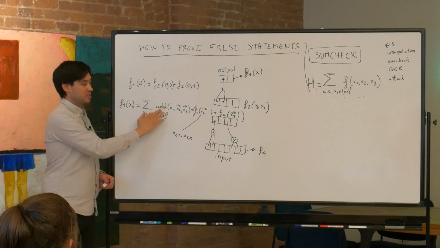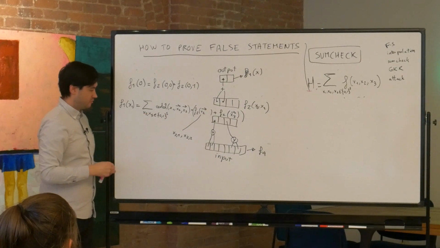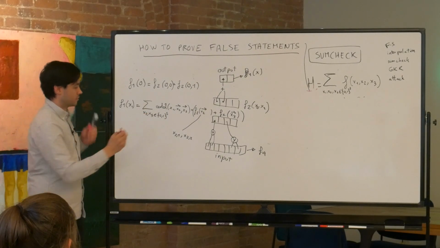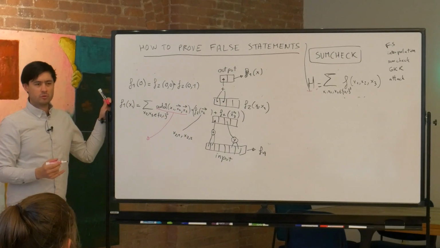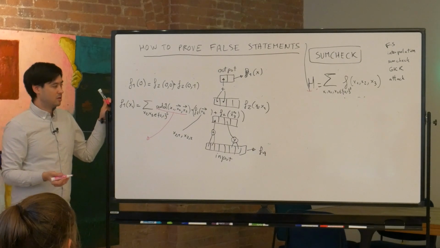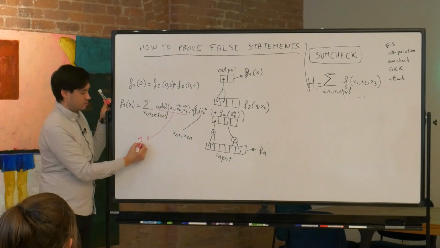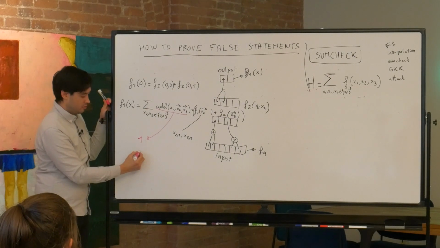And this thing is going to be what other protocols call a selector polynomial, where it's going to be 1 if you want to use the addition gate, or 0 otherwise.